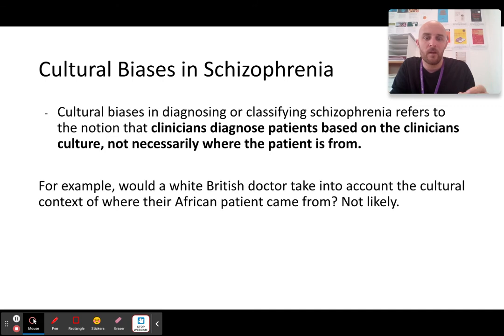For example, if you've got an old white British doctor and they've got an African patient who is having hallucinations and their mental health isn't that well, do we really think the doctor is going to take into account the African culture from which that individual is from? Absolutely not. They're going to go to the DSM. What does the British norm say I should do here? And that's a really difficult thing.